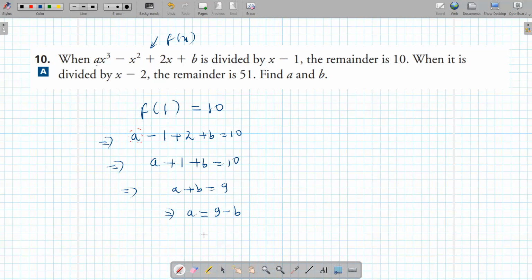Cool? And now we're going to get a second equation from the second statement. We just did this, right? This is very similar to this one. When it is divided by x minus 2, the remainder is 51. What do I write here?